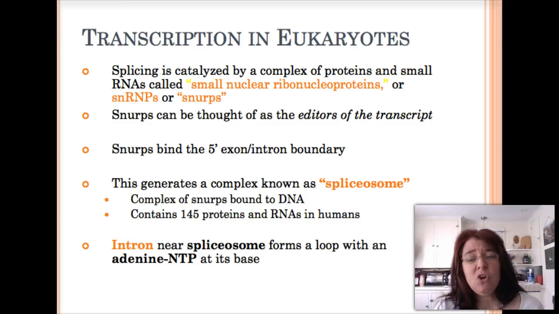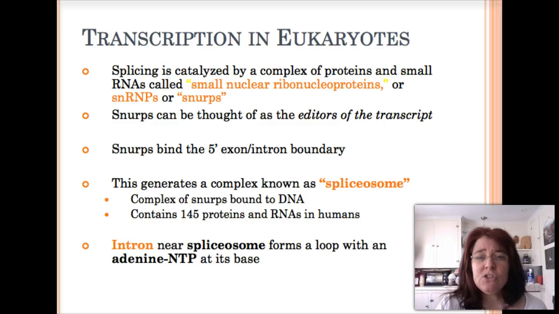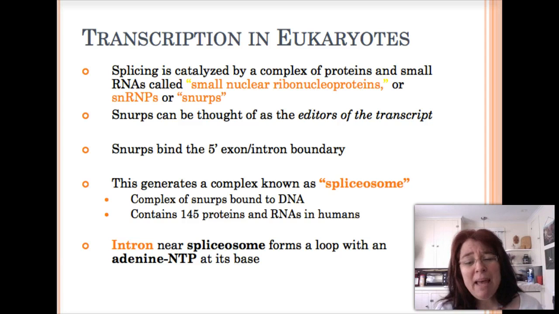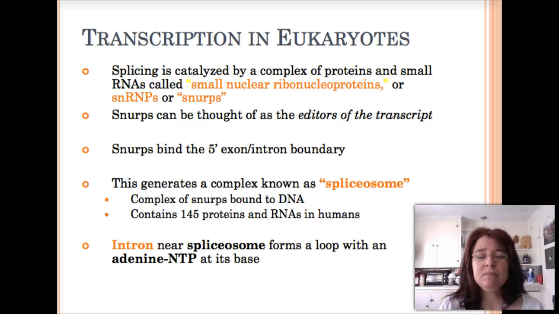A spliceosome, and this is a term I want us to be familiar with, is basically a complex of a group of SNRPs all bound to the RNA molecule. The spliceosome contains up to 145 proteins and RNAs in humans. So this is a massive, massive molecule.